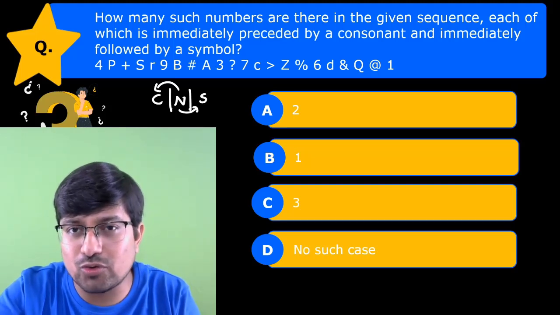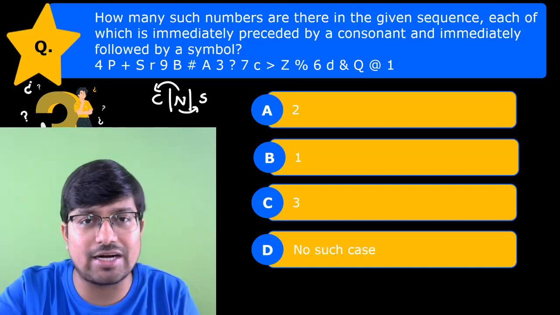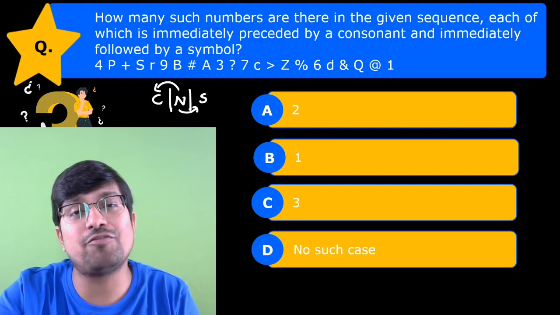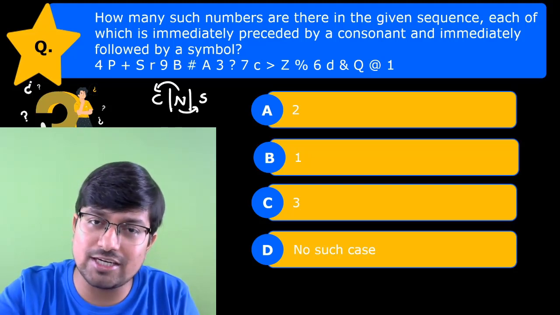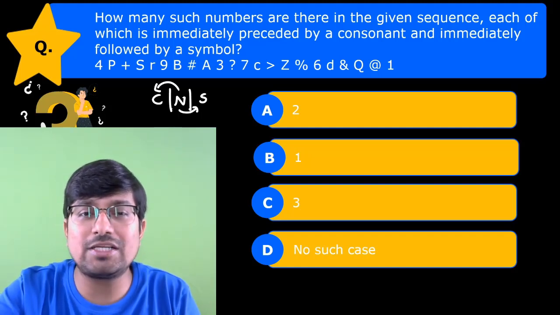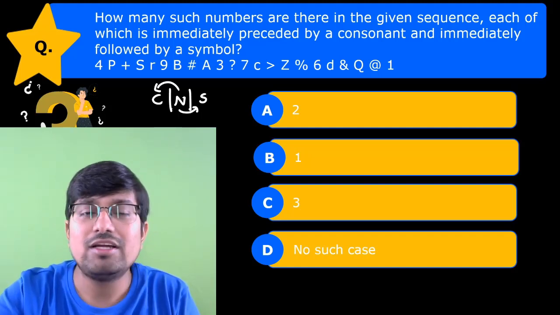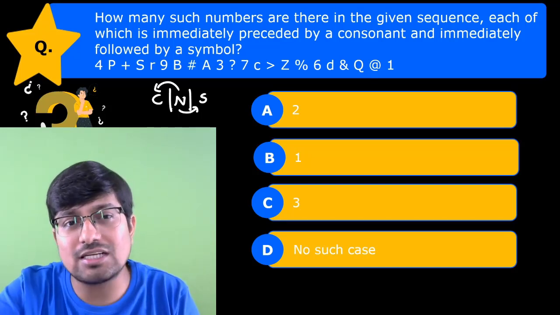For example, if today is Monday, Monday is immediately preceded by Sunday and immediately followed by Tuesday. Similarly, this is the year 2020, immediately preceded by 2019 and immediately followed by 2021. So preceded means just before, immediately preceded means just before, immediately followed means just after.